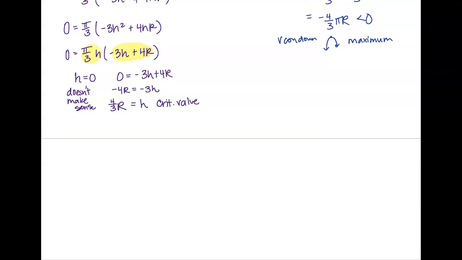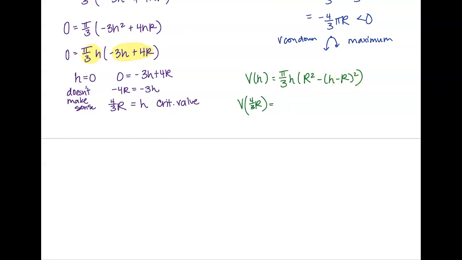So let's see. Our volume formula as a function of h was pi over 3h times the quantity capital R squared minus the quantity h minus capital R squared. So we know now that the maximum occurs at 4/3 R. So we're going to plug that 4/3 R into each h here.